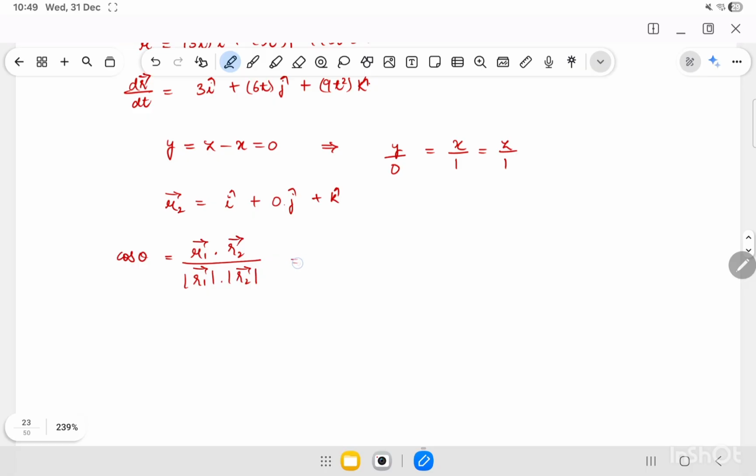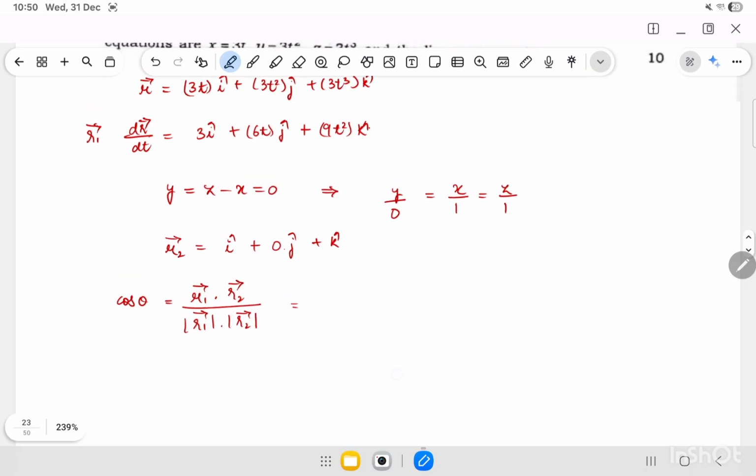So from here, if I evaluate r1 dot r2, so this is basically my r1, basically the equation of tangent.